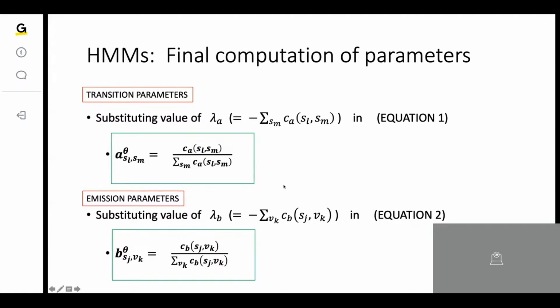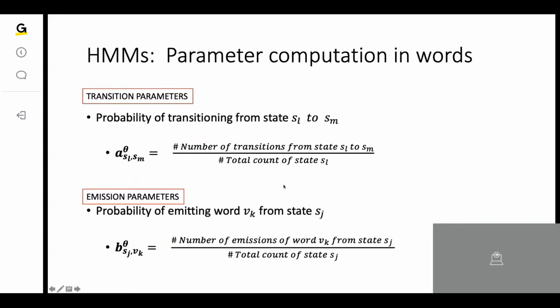Let's understand what this means in terms of words. The transition parameter a_{sl,sm} is the number of transitions from state sl to sm divided by the total number of counts of state sl.